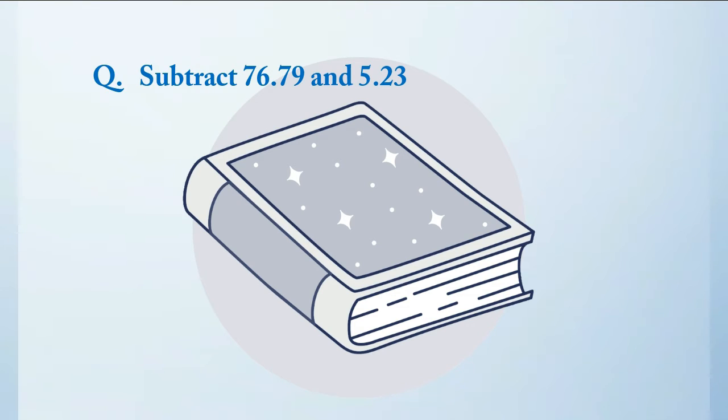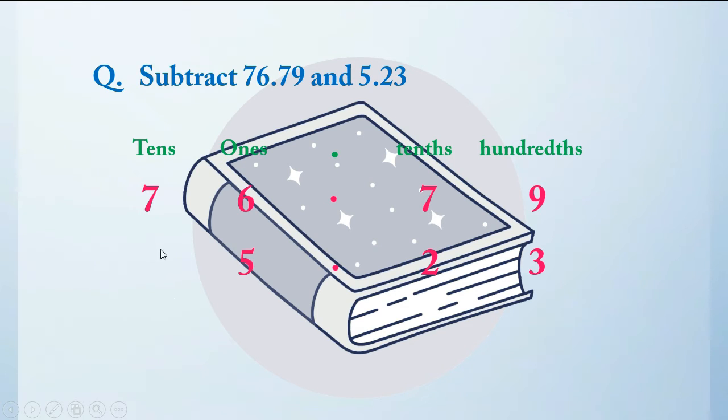7 minus 6, 1. 9 minus 2, 7. Question number 2. In this question we have to subtract 76.79 and 5.23. So, we'll copy the decimal numbers below their place values, 76.79 and 5.23. Now here you can see that the number at the tens place is missing, so we will put 0 here.